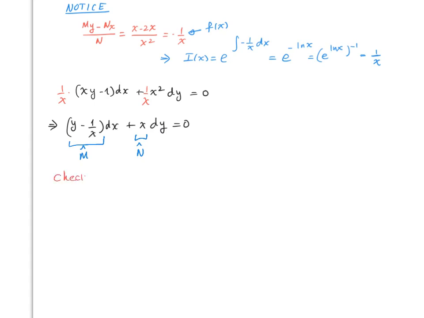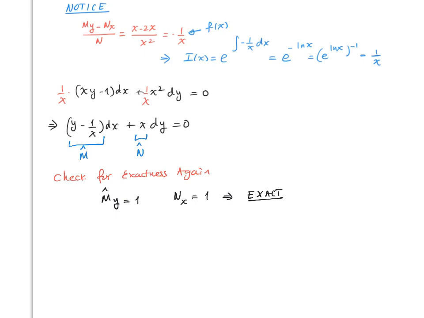We do the same process again, so we check for exactness again. Notice that the partial of the first one with respect to y is equal to 1, and the partial of the second one with respect to x is also equal to 1. So that implies that it is exact.